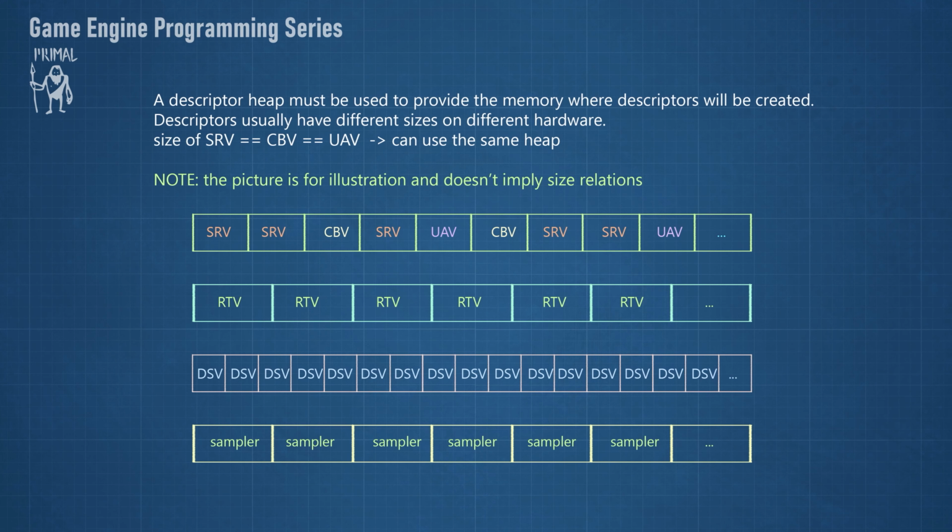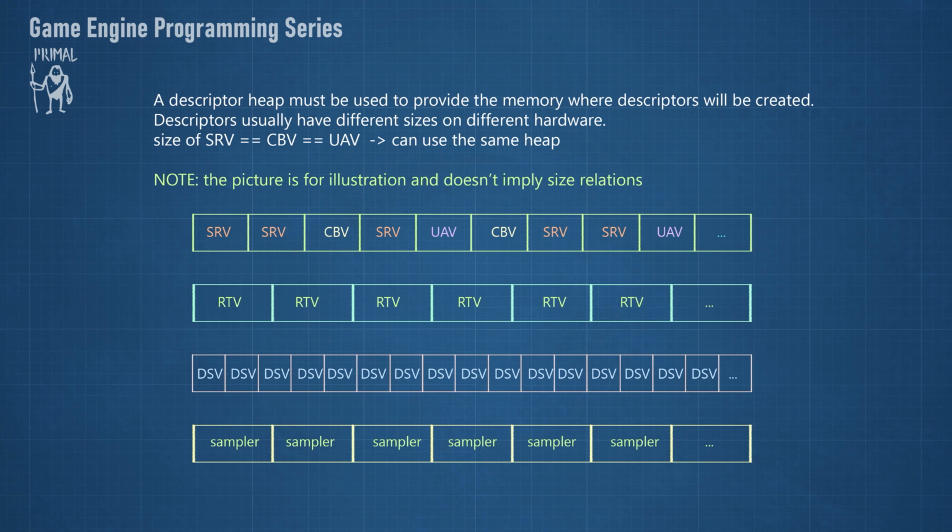It's not possible to use any other memory allocation mechanism to reserve memory for descriptors. A descriptor heap is in charge of hosting memory that can be used for descriptors. The size of each type of descriptor will vary from GPU to GPU. Therefore, we need to use a dedicated heap type for different types of descriptors. The size of shader resource views, constant buffer views, and unordered access views is always the same, so the same heap type can be used for these.